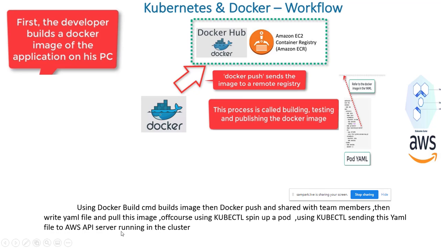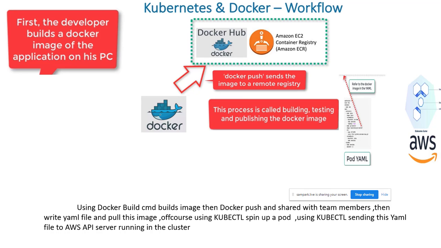Then you write a YAML file, referring to this Docker image in the YAML file, and then you are pulling this image. Of course, using kubectl, as this picture says, in the AWS machine or in Azure cloud, we have to spin up a pod using the kubectl command.